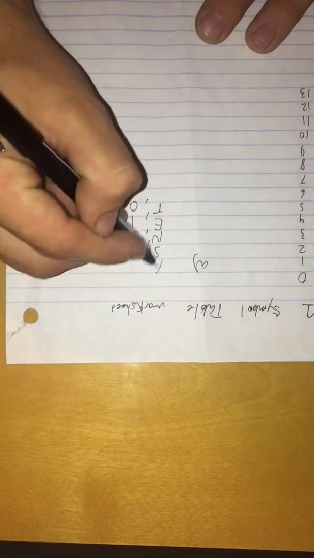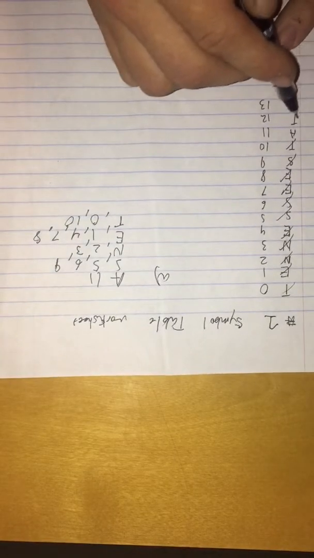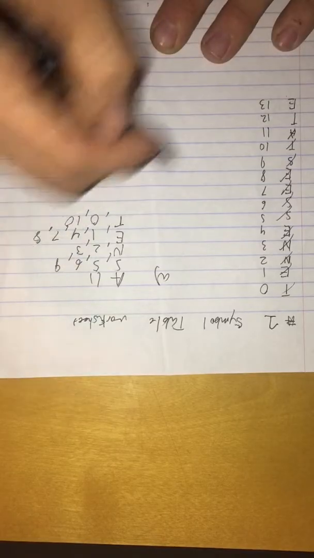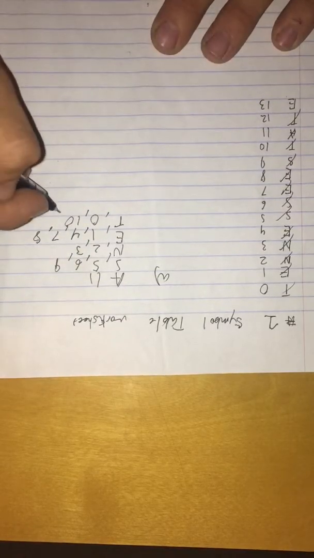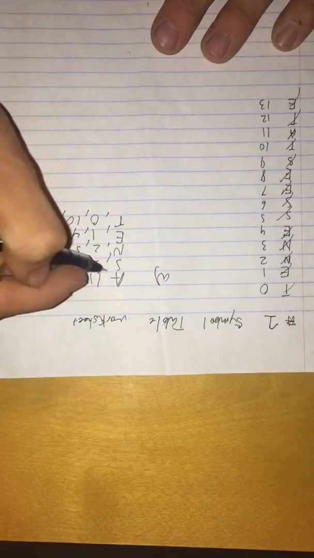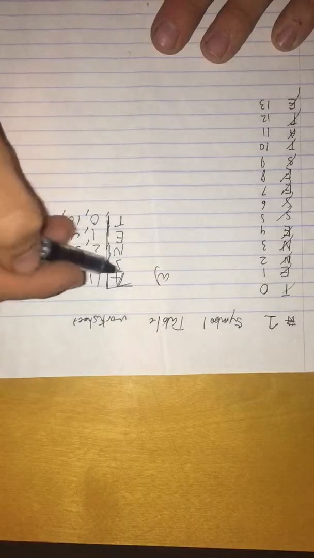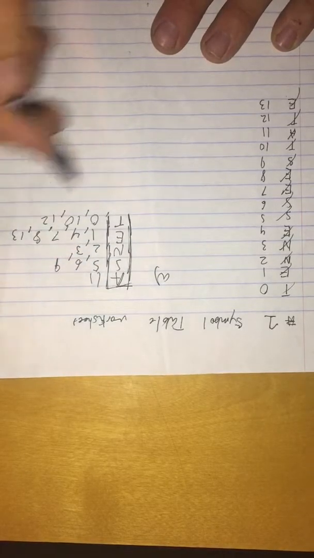We have another new one introduced, A, at 11. My bad, I don't know if you can see that there. We have T at 12, and then E at 13. This is really sloppy notation, but you see the point here, right?